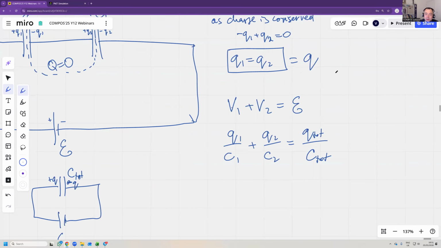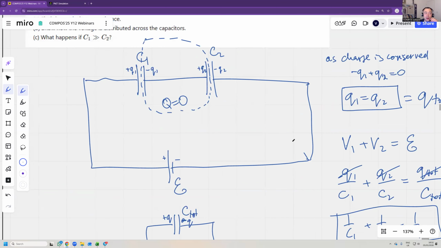So Q total is the same as Q1 and the same as Q2. No, it's not the sum. The total charge is not the sum because the total charge is just placed on the outer edges of the capacitor system. And therefore, these cancel out, and we have 1 over C1 plus 1 over C2 is equal to 1 over C total.